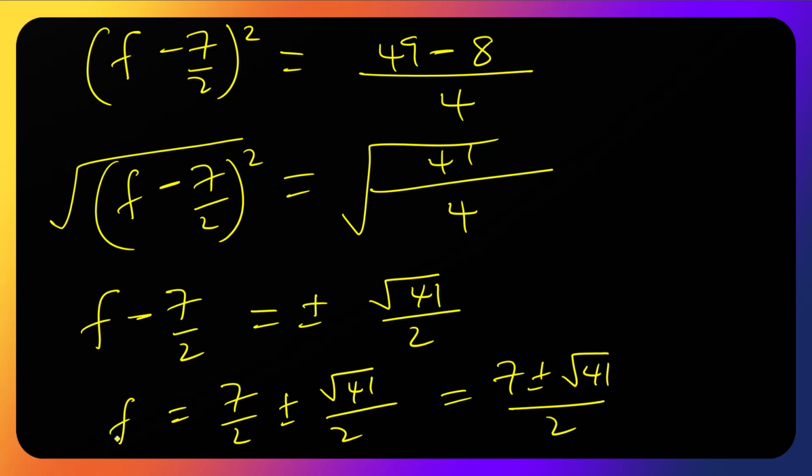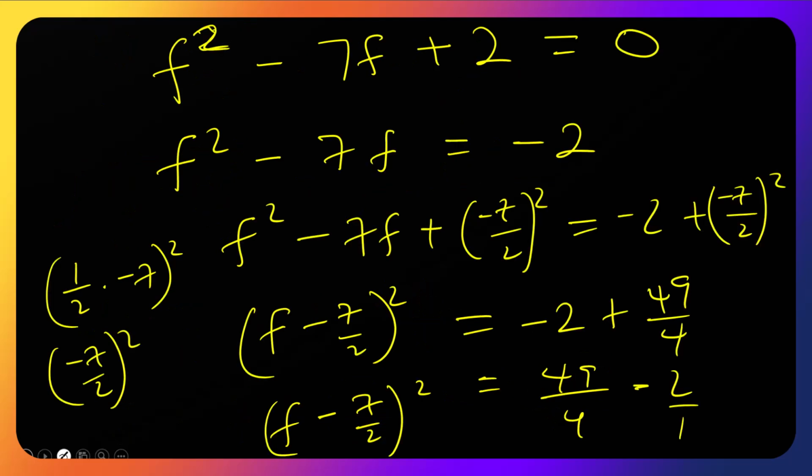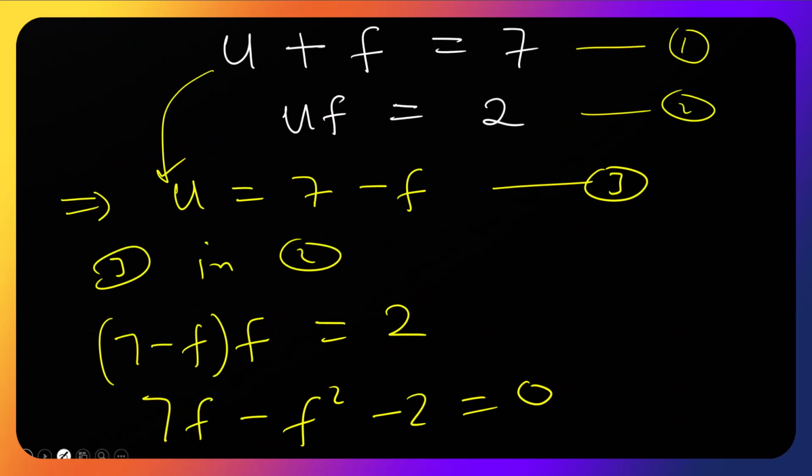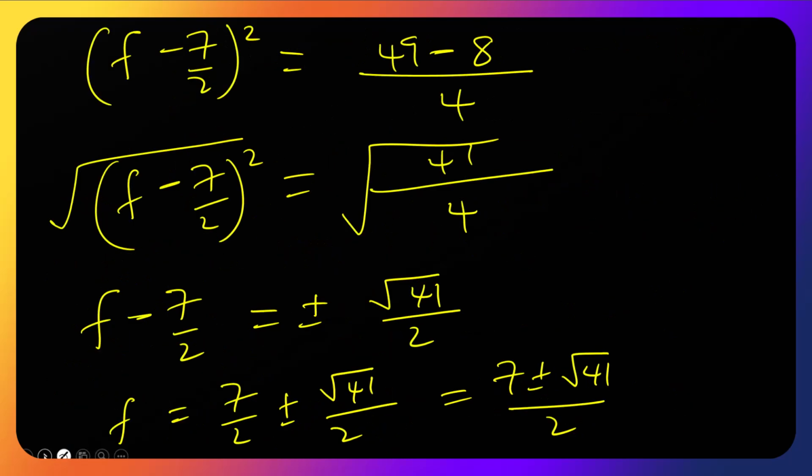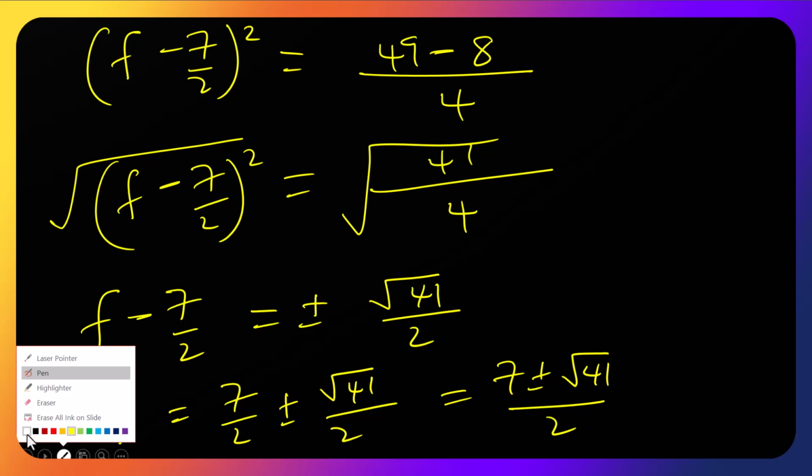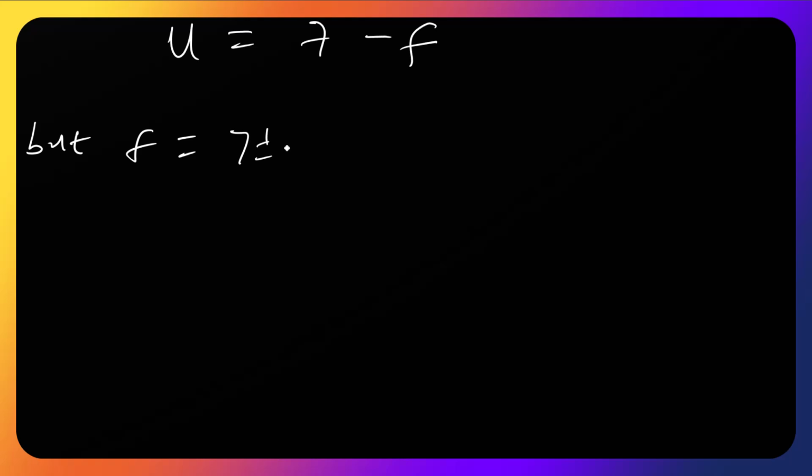So let's look at the other part, u. Okay, so u is 7 minus f. U is 7 minus f, but f is 7 plus or minus square root of 41 on 2.